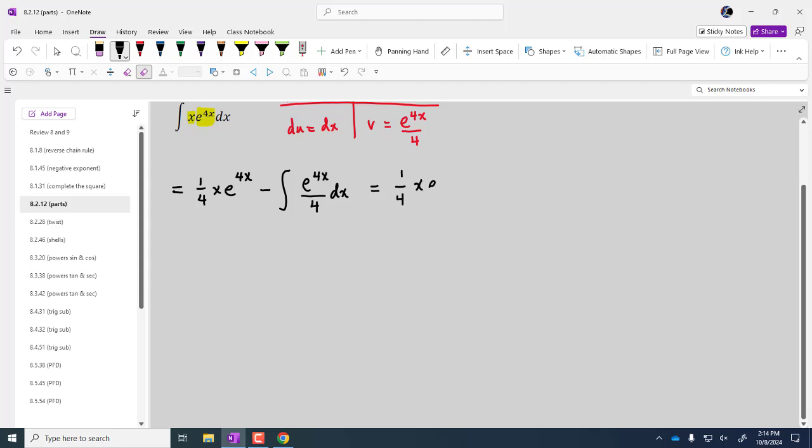So we'll have our leading term out there. And now we want to integrate e to the 4x. 1/4 obviously is just a constant, just comes along for the ride.